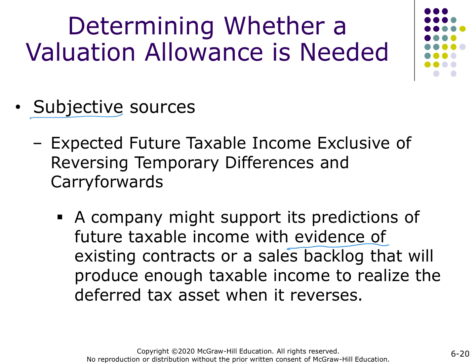So a company might support its predictions of future taxable income with evidence of existing contracts. So this is the difference between objective and subjective. Objective meaning everyone can see the rationale for it. Subjective meaning it's based on perspective. So these subjective sources would be the company gathering evidence to make its position believable, if you will.